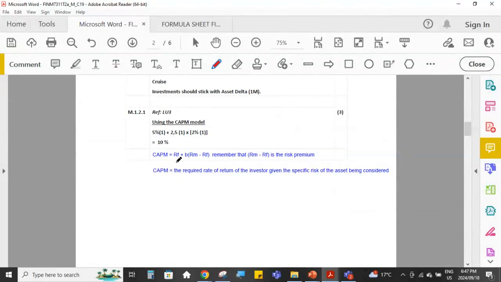So 5 is the RF. So it's RF 5 plus, and then beta multiplied by the 2.5. So 2.5 times 2%, that's bracketed. And we add 5% to this answer. So we take 2.5 times 2%, and that gets added to 5%.